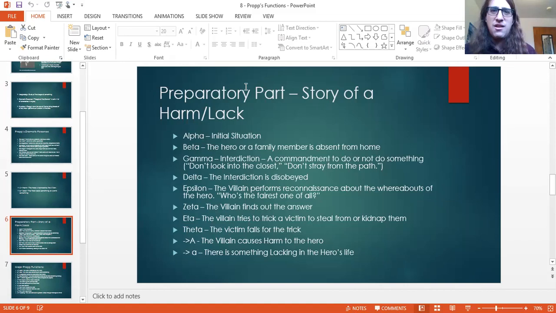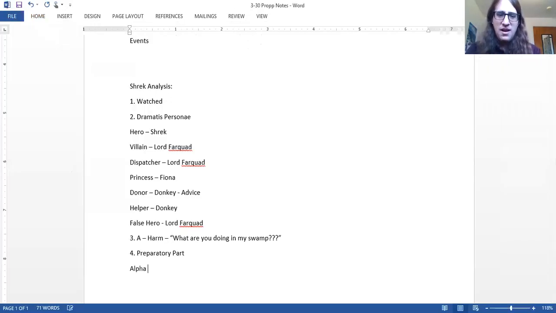If we switch back to, sorry, we're going to be jumping back and forth a lot here. So alpha is Shrek lives in a swamp. Then we have beta, which Propp calls absentation, which basically means the character is isolated in some way.